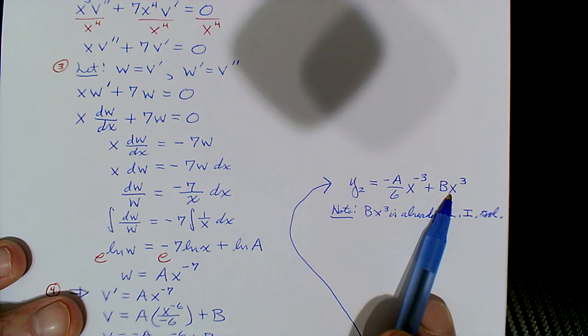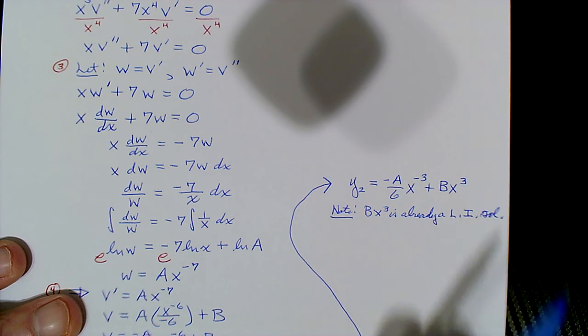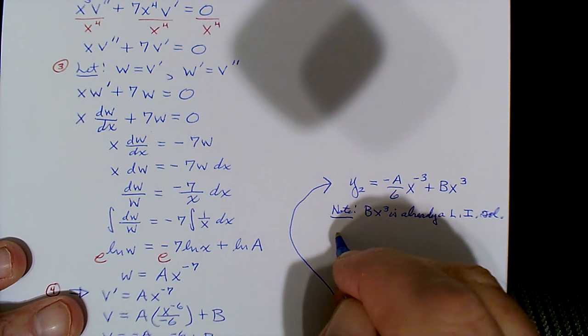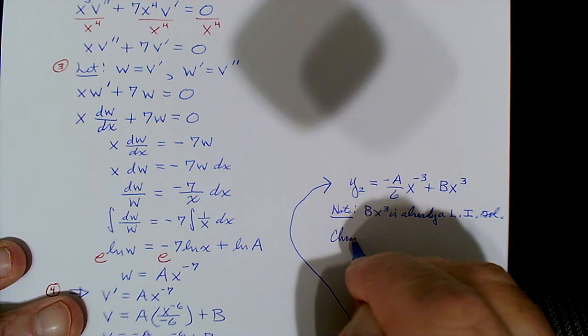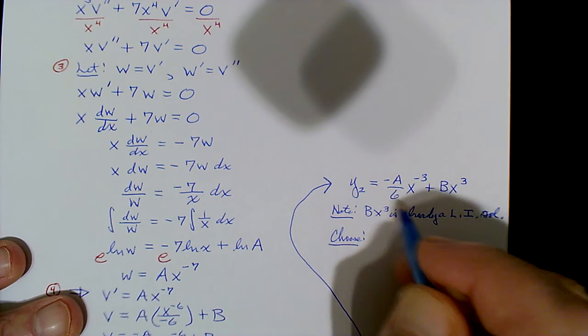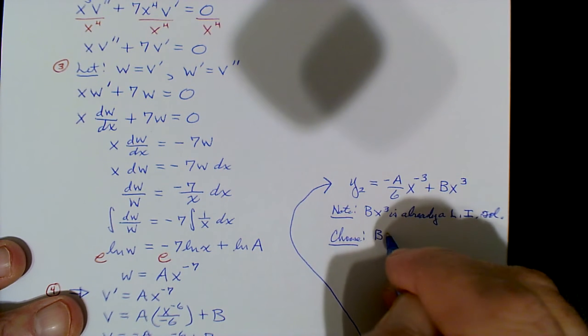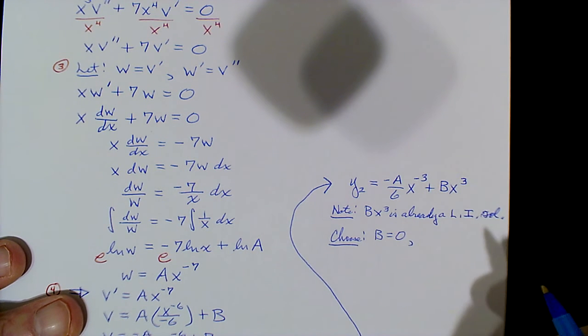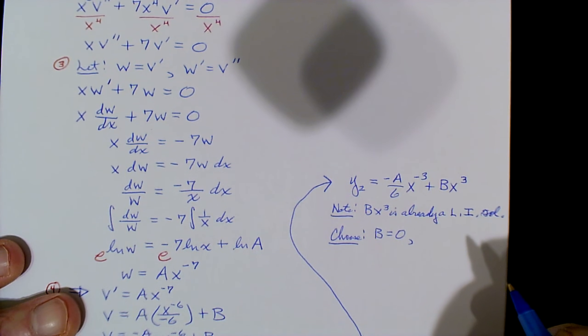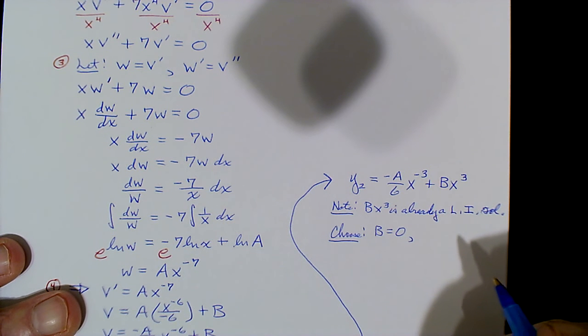So bx cubed is already a linearly independent solution. So now we choose our constants appropriately. Because we want a linearly independent solution, we're going to let b equal 0, so that term disappears.